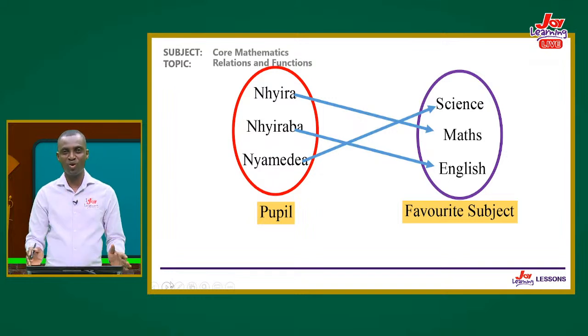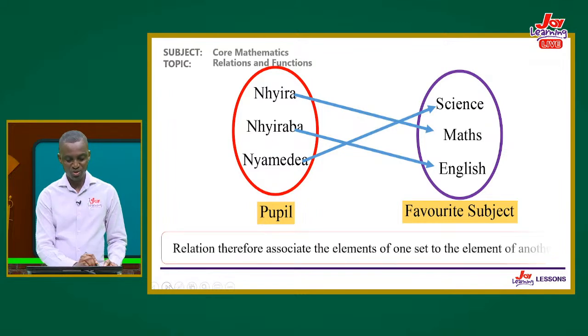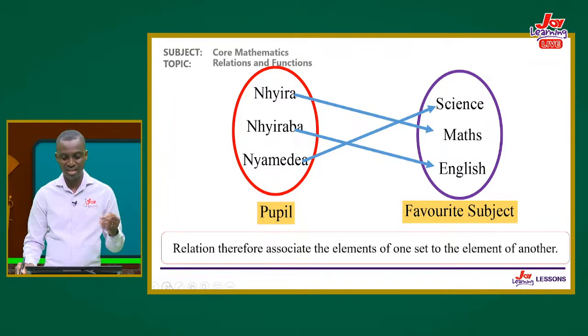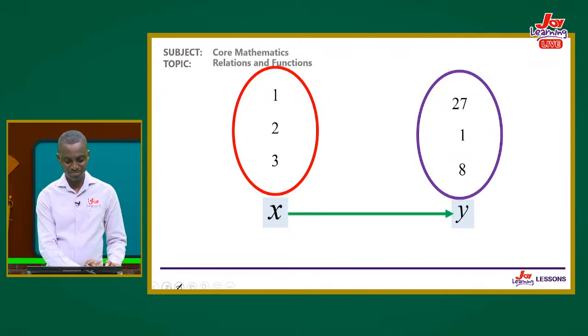Now we have something in common. Sometimes with our parents, yes, there's a relation. We have our friends in school, our classmates, there is a relation with them as well. And so we are saying that a relation associates the elements of one set to the elements of another.